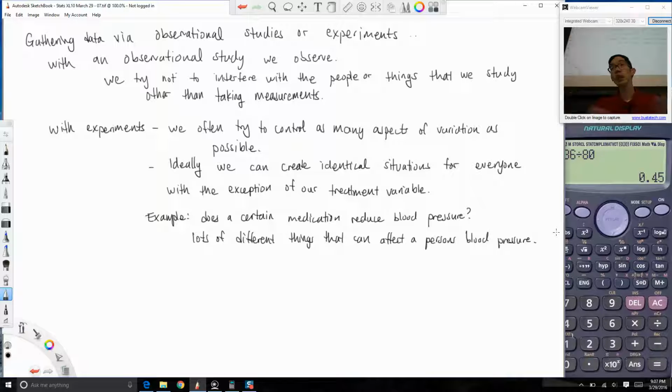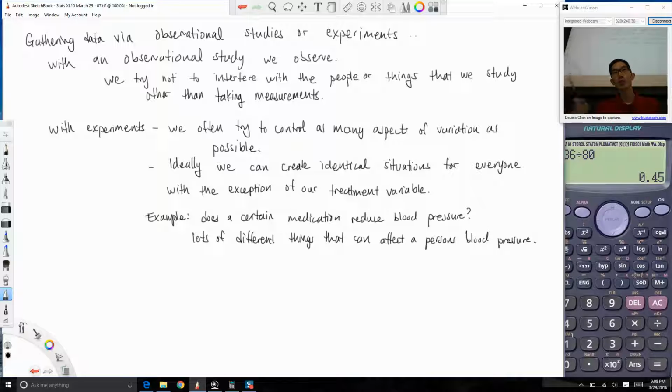So what you want to do is make your two groups as identical as possible, accounting for all of these different things. Ideally, you would give them all the same diet, the same exercise regimen, the same life scenarios with the same amount of stress. Of course, that's not possible. But ideally, we could control everything and make our two groups as identical as possible.